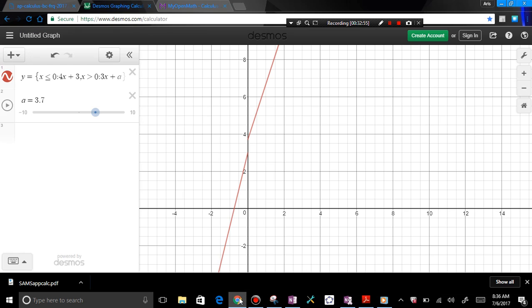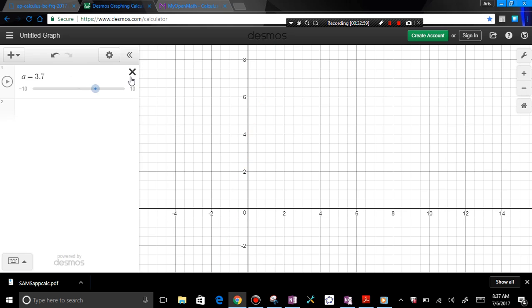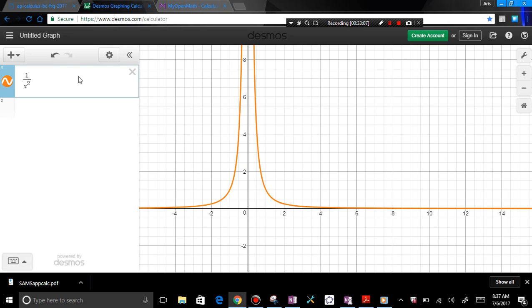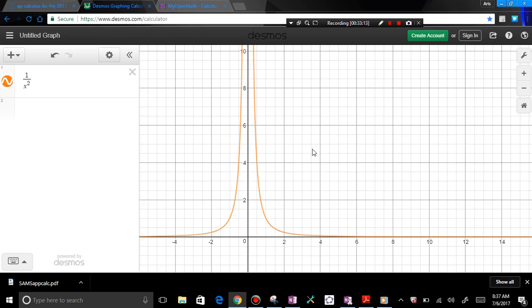Classic example: 1 over x squared. That thing right there. The limit as x goes to 0 of this function is infinity.